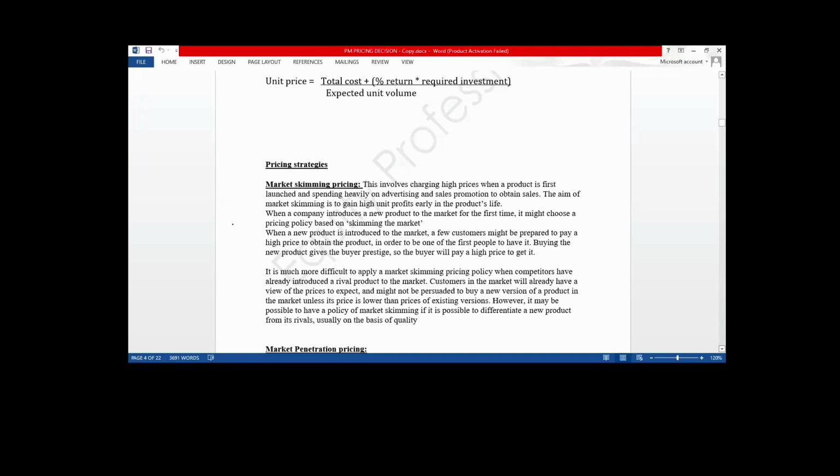As soon as a company launches a new product for the first time to the market, the company will charge a higher price. That is the market skimming pricing strategy. To obtain sales, the company will spend heavily on advertisements and sales promotion.